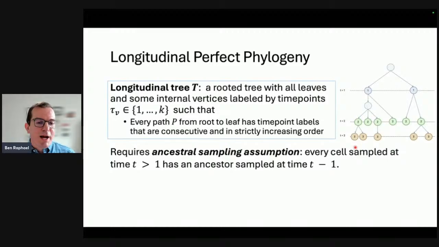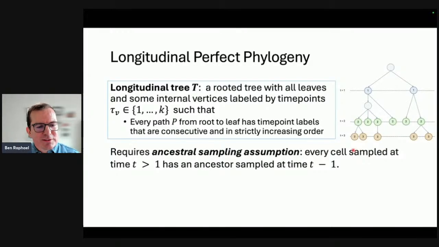So what this requires is an assumption about how we've sampled this population as it grows. If we think about single cell sequencing, it's a destructive technology. So if we sequence a cell, that cell is gone from the population and will not be sequenced again.